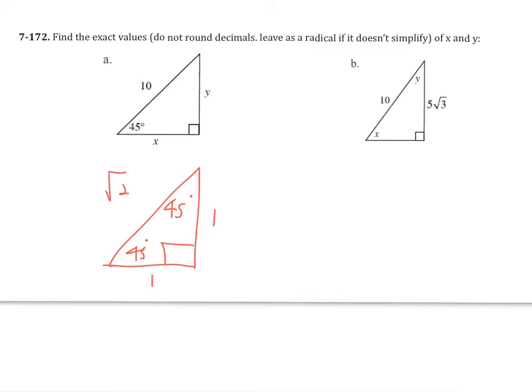And so in this particular problem, we know that we have 10 here as our hypotenuse. And so really, if we're trying to figure out what the legs of that triangle are, we could say, all right, well, we need to multiply.